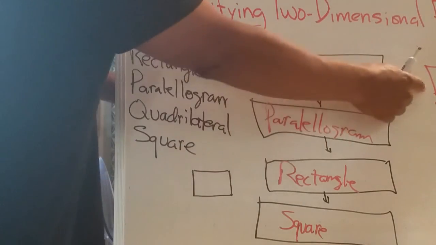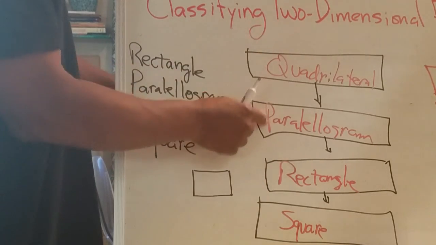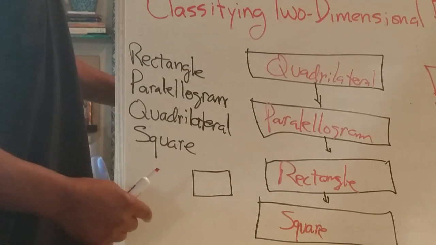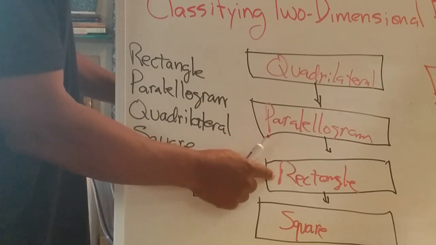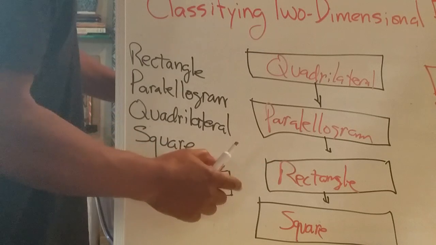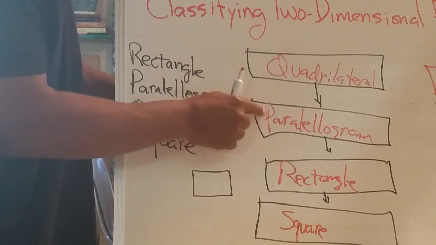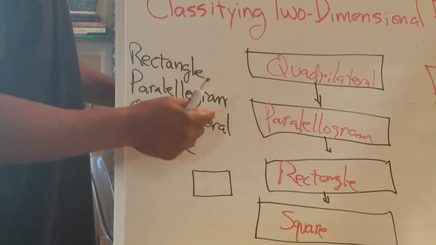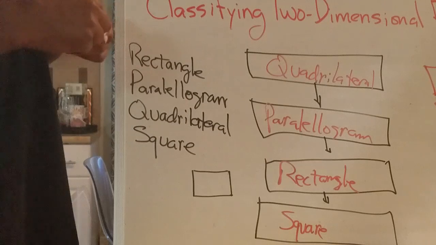Of course, that's a quadrilateral. A square is a quadrilateral because that's four sides. So is a rectangle, so is a parallelogram. But a rectangle is even more specific because it has to have four right angles. Somebody caught that. And then a parallelogram is less specific because all you need is two parallel sides.